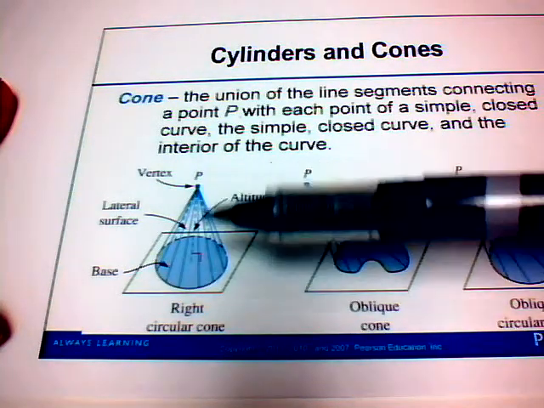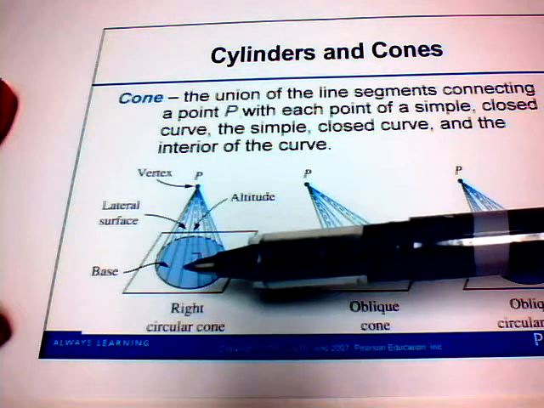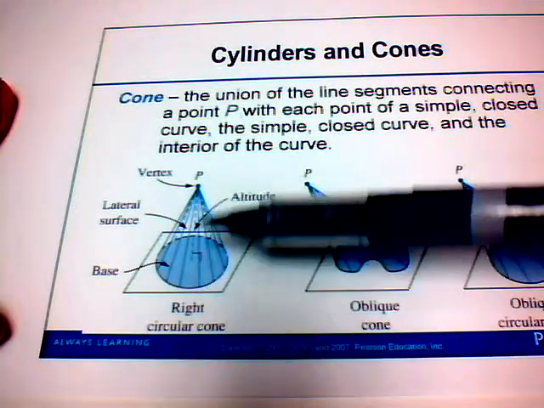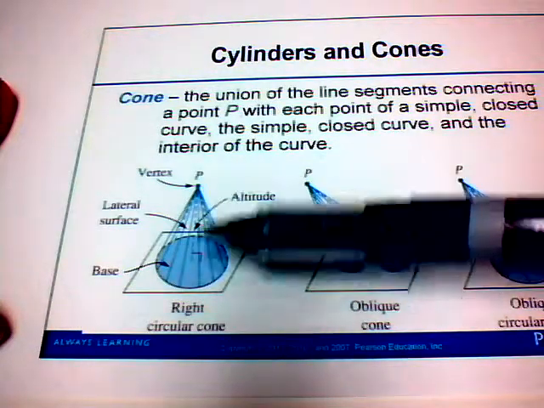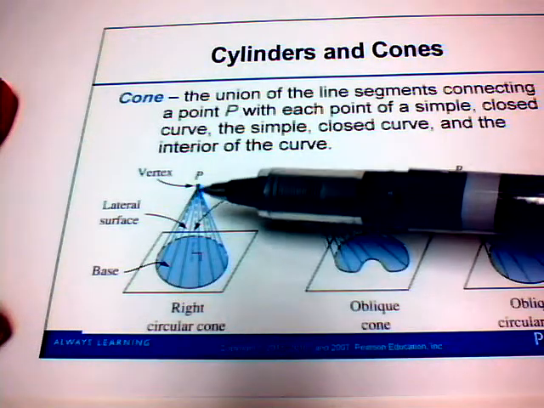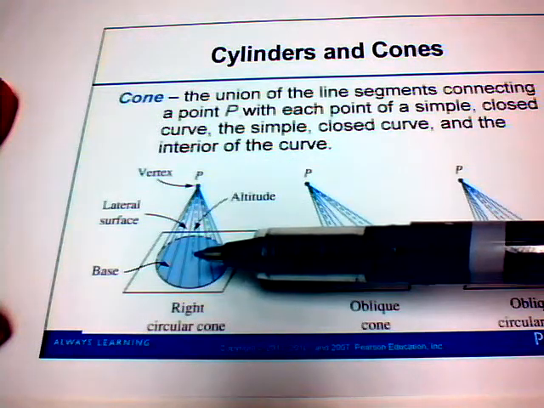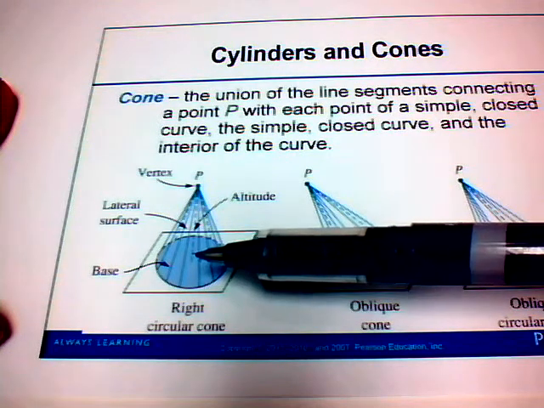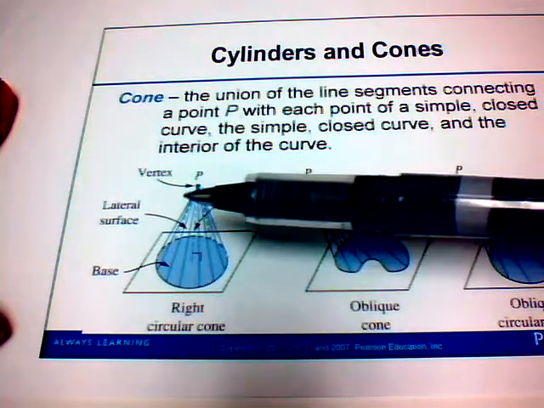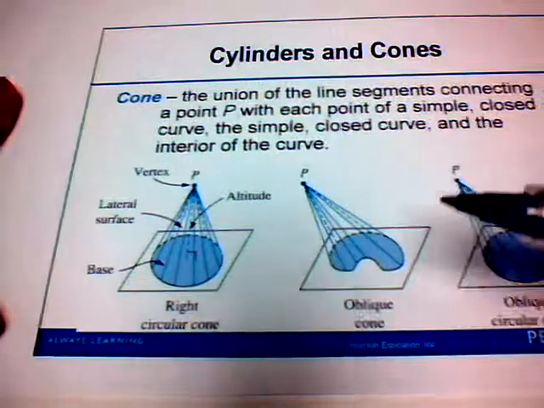The vertex is at the top, the base is at the bottom. Your altitude, which is another word for the vertical height, is inside the cone. It starts from the vertex perpendicular to the base. And then you have your lateral surface, which is on the outside.